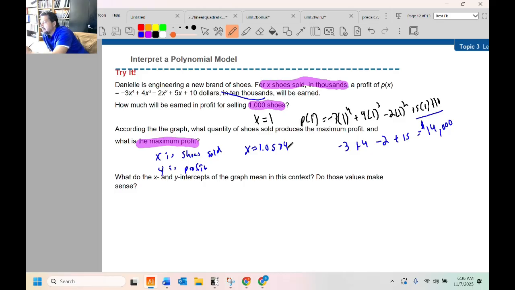Now, the reason I went on the rounding so far is because I have to shift the decimal. According to the graph, what quantity of shoes sold produces the maximum profit? Remember, X is in thousands. So just take your decimal and shift it to the right 1, 2, 3. And I get 1,057 shoes. That maximizes profit.